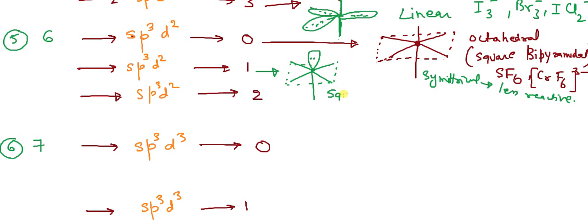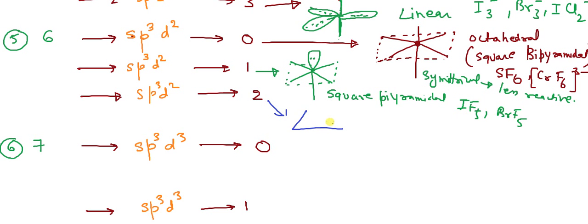Square with 1 pyramid with 1 leg. So it's going to be square pyramidal, not bipyramidal, but square pyramidal. Example is IF5, okay, BrF5. Another one with the 2 lone pairs.